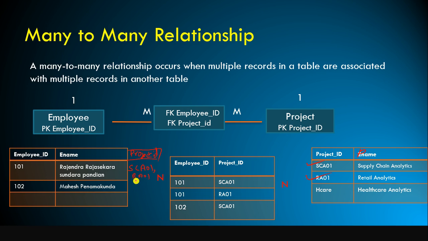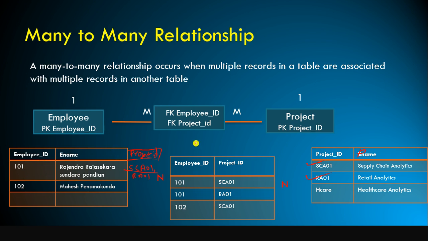It is violating the normalization rule. So what is the way out? What is the solution now? How can we address this? One solution is you can create one more record for the employee ID 101. So here you can have SEA01 in this row, and the next row you can have REA01 for the same employee ID. But in this table, employee ID is the primary key column, hence you cannot have the duplicate record.